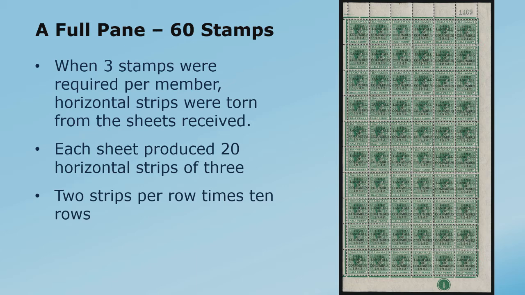All right, so if we're dealing with a situation where 3 stamps were required, what the UPU would do is cut it into strips all the way across, a strip of 6, and then tear it down the center so that you would have 2 strips of 3.